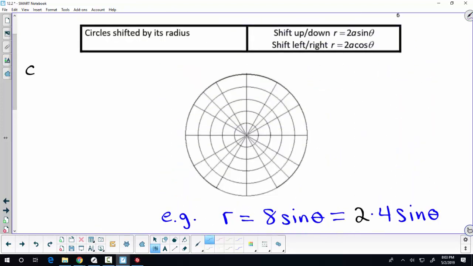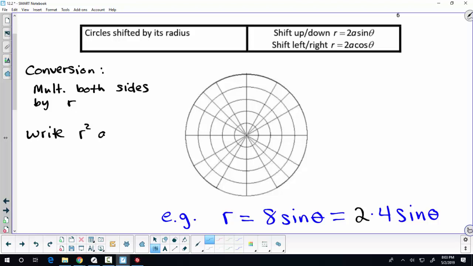So conversion: multiply both sides by r, and then write r squared as x squared plus y squared. Depending on which one you're dealing with, we would have x equals r cosine theta, so we would rewrite r cosine theta as x, or like we did here, r sine theta as y.